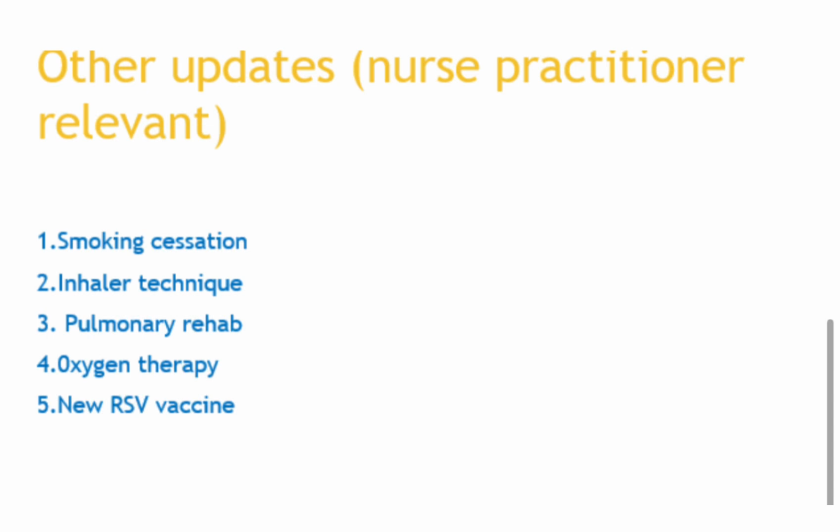It's not recommended just for breathlessness unless there is documented hypoxemia. Then 5, the new respiratory syncytial virus vaccine, RSV vaccine. It's recommended for COPD patients due to high risk of RSV-related complications. It's added to routine vaccines like pneumonia and flu vaccines.